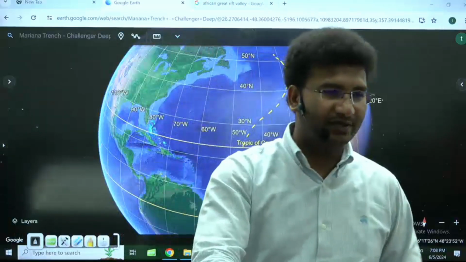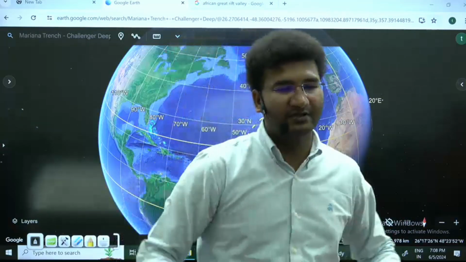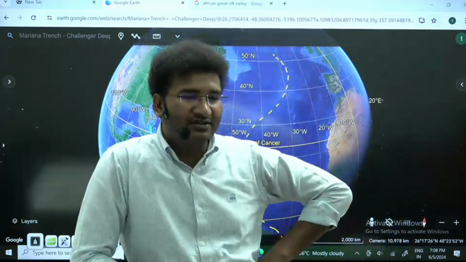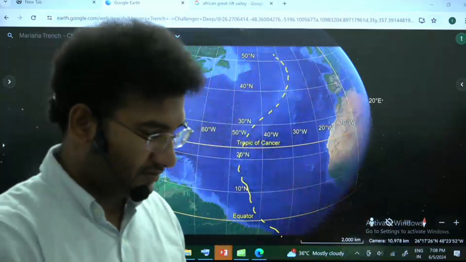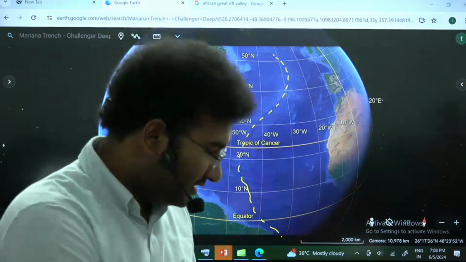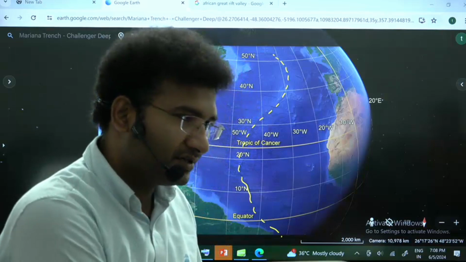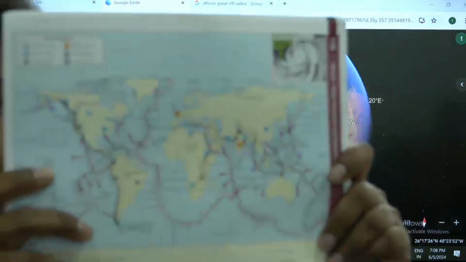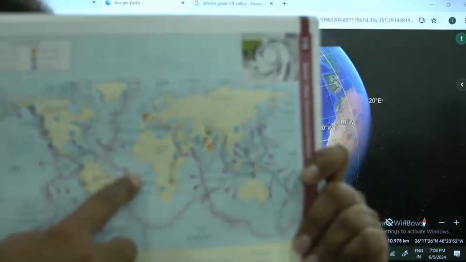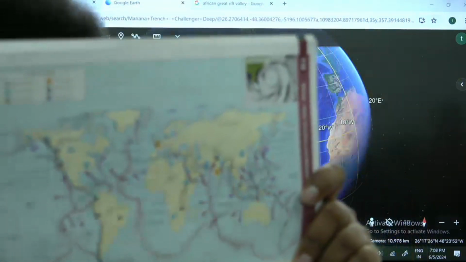Give me atlas. Open the page of plate tectonics and give me 98 or 100 somewhere it will be. 118. So see these lines which are represented. ठीक है? For online, page number 118. These lines which are there, they are middle oceanic ridges.